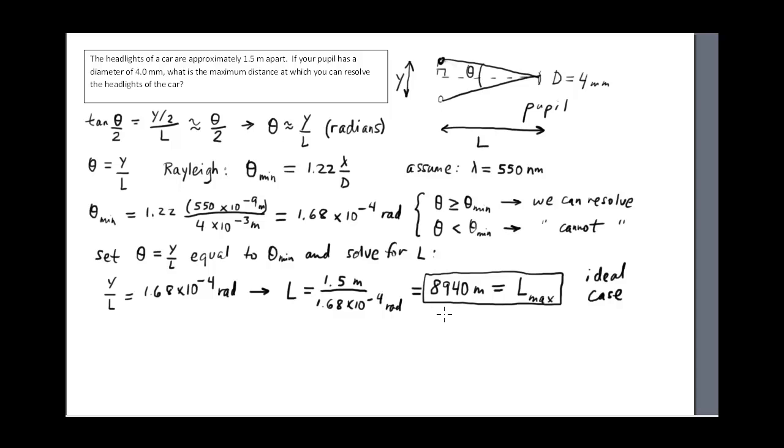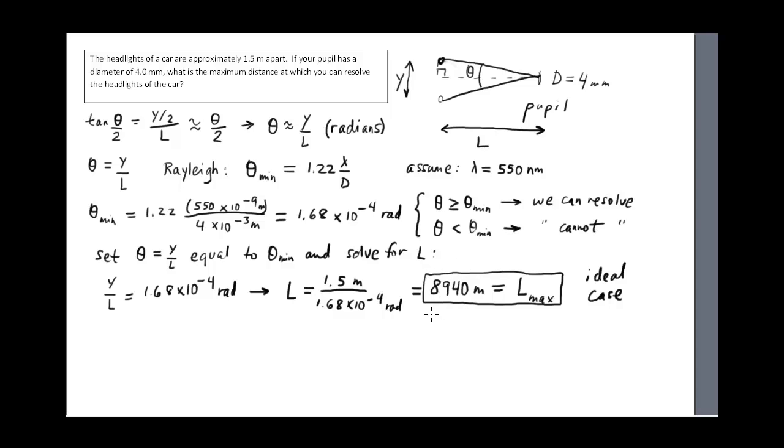So what we calculate with the Rayleigh criterion is what we call the diffraction limit of your ability to resolve. But in reality, if you did this experiment, as I've tried to do several times on a country road at night, and figure out by counting the time how far a car can be for me to resolve the headlights, you would find the answer to be significantly less than this.